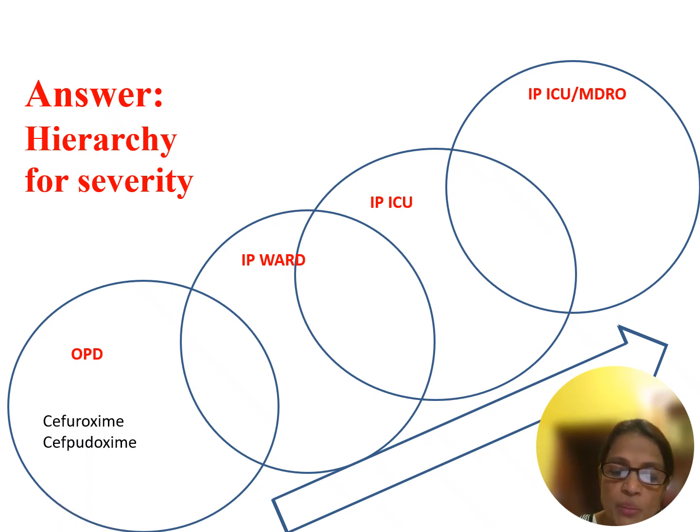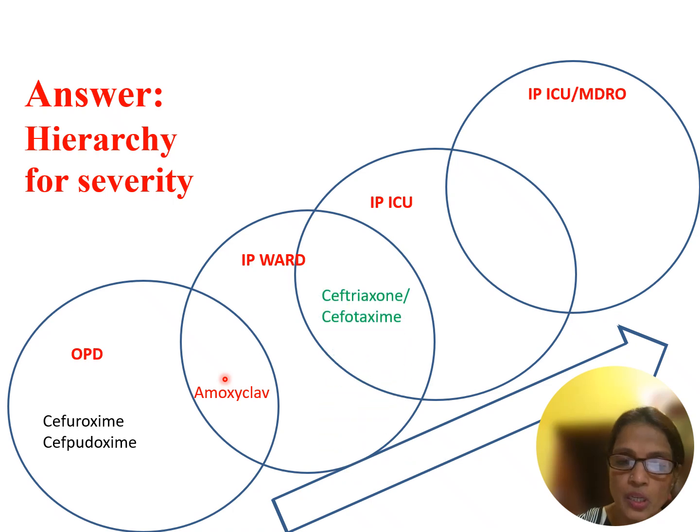So cefuroxime and cefpodoxime are used on an OPD basis, the oral formulations. So you place them there. Amoxiclav may be available as an oral formulation or may be given as the IV injection form. So this is one common antibiotic between OPD and IP ward. So we place amoxiclav here.